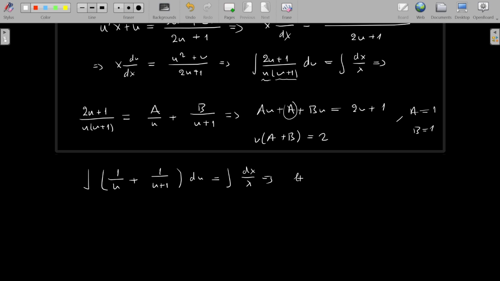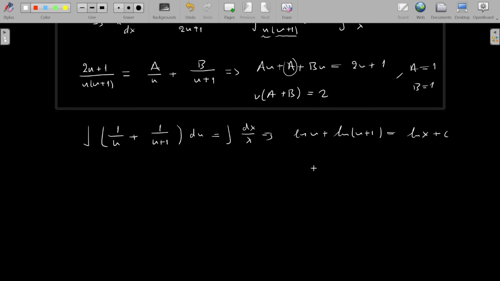This is ln of u, and this is ln of u plus 1, equal to ln of x plus a constant, meaning that finally what we have is that u times (u plus 1) is equal to a constant times x.